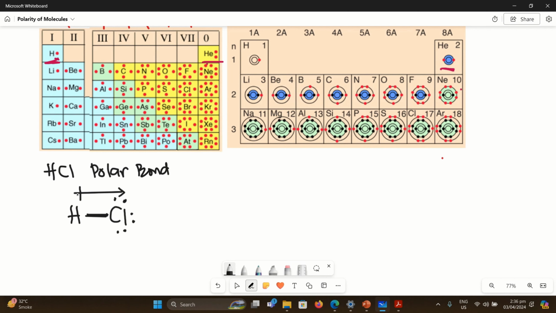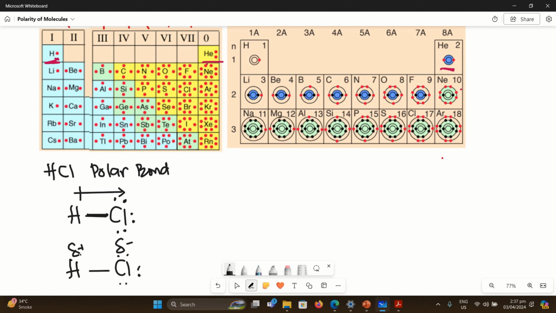It means the positive portion is here and the negative portion is the arrowhead determines kung ilalagay natin siya. So, kung susulat natin siya, this is partially negative, then partially positive.